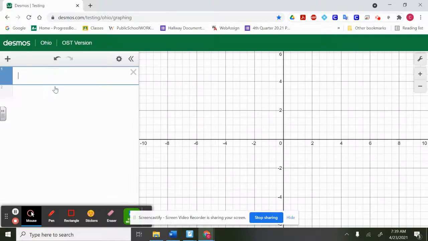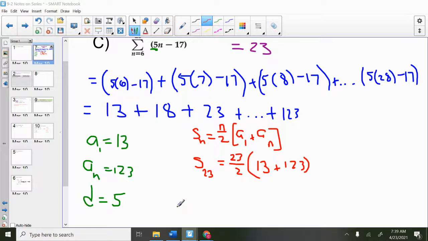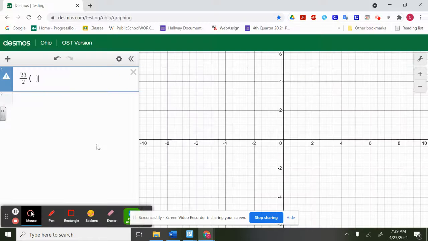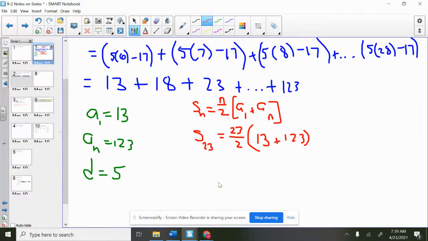We had 23 divided by 2, my first term was 13, and my last term was 123. So 13 plus 123, and that gives me a total of 1,564. So that means that's that summation.